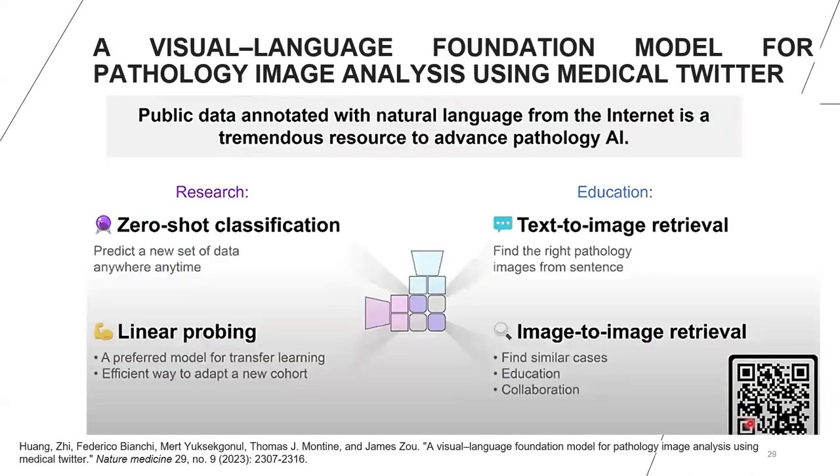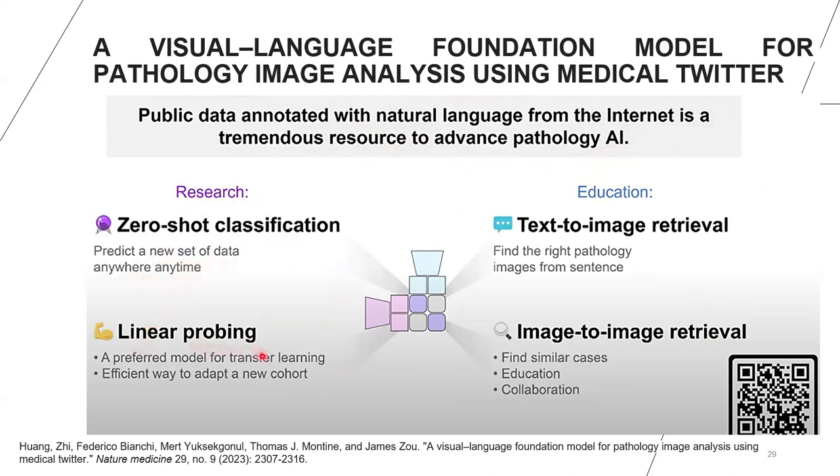If we summarize their work, they have produced a versatile data set. Public data annotated with natural language from the internet is a tremendous source to advance pathology AI. In the field of research, they have introduced zero-shot learning for pathology images, to predict a new set of data anywhere, anytime.